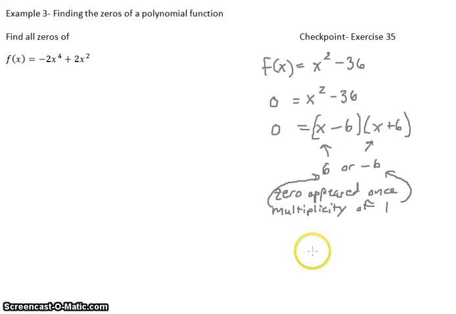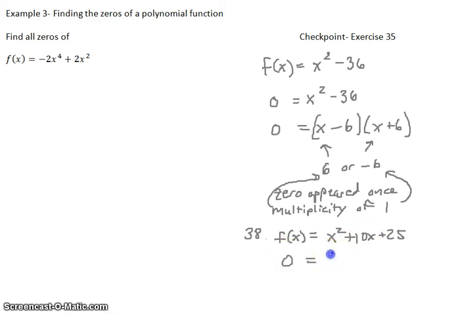If we look at something like 38, and I know I didn't assign that, we have this function f of x equals x squared plus 10x plus 25. This is also factorable. So I'm going to let 0 equal that because I'm finding the zeros.